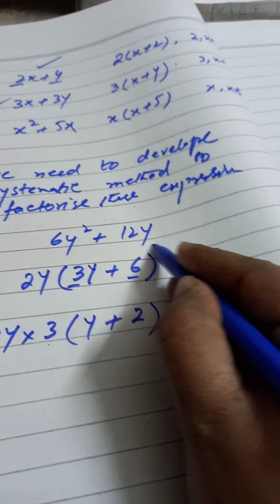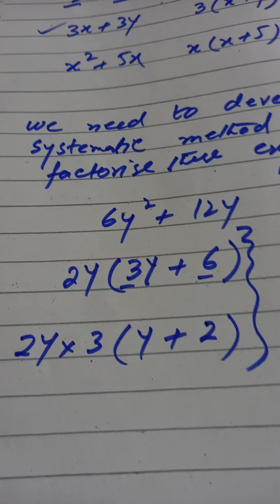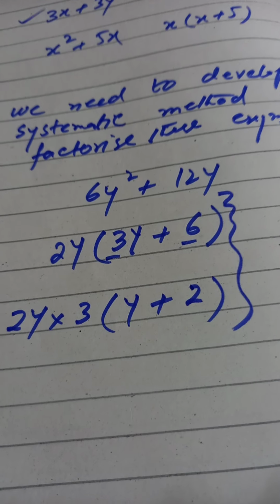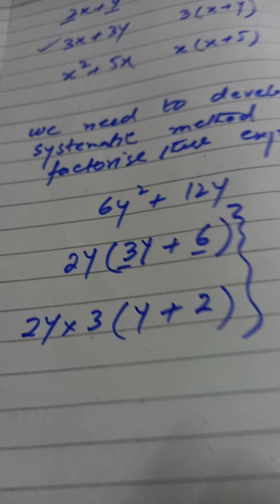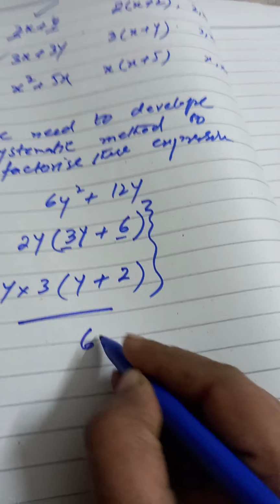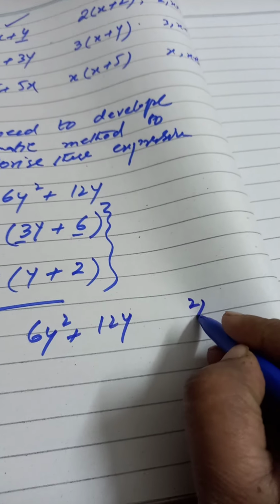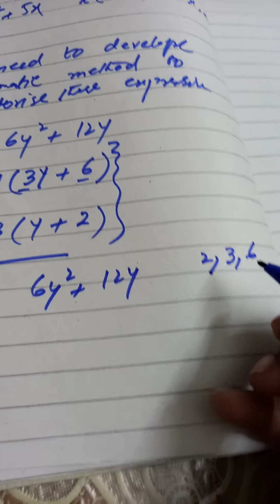From this process, we will check, using our previous knowledge, which is the highest common factor. First we check which number goes into the tables of 6 and 12: 2, 3 and 6. Any more?